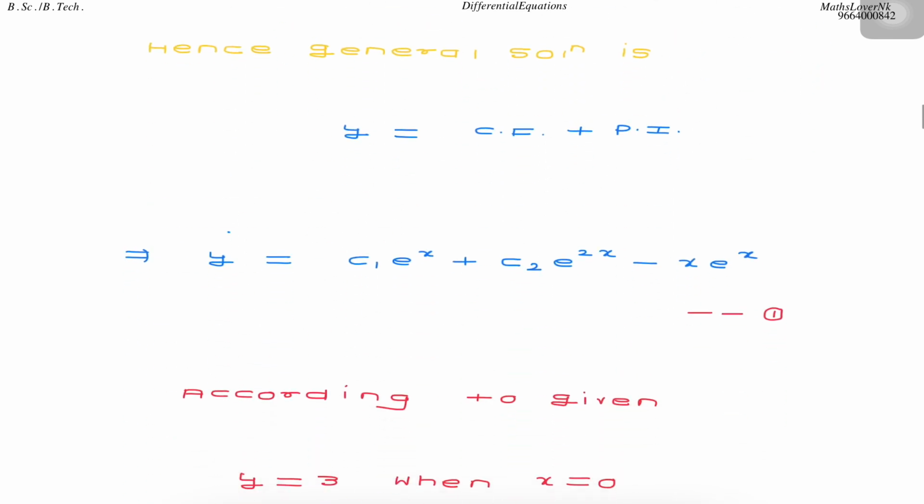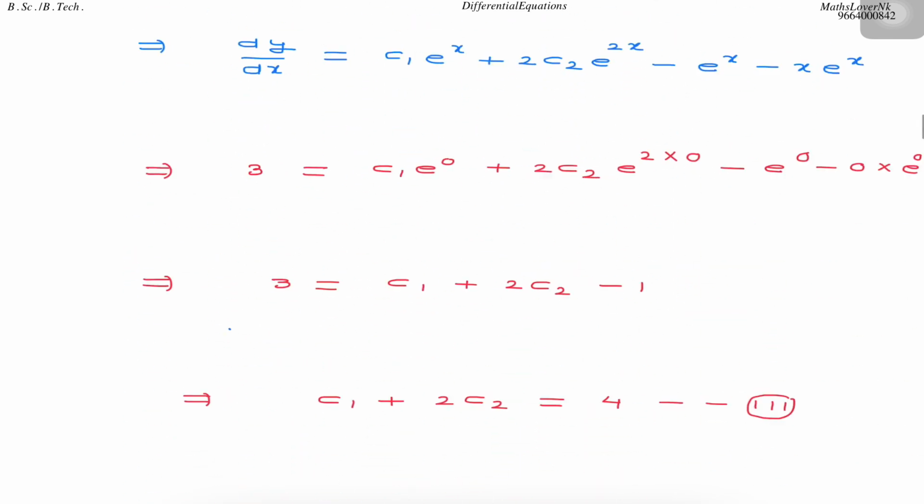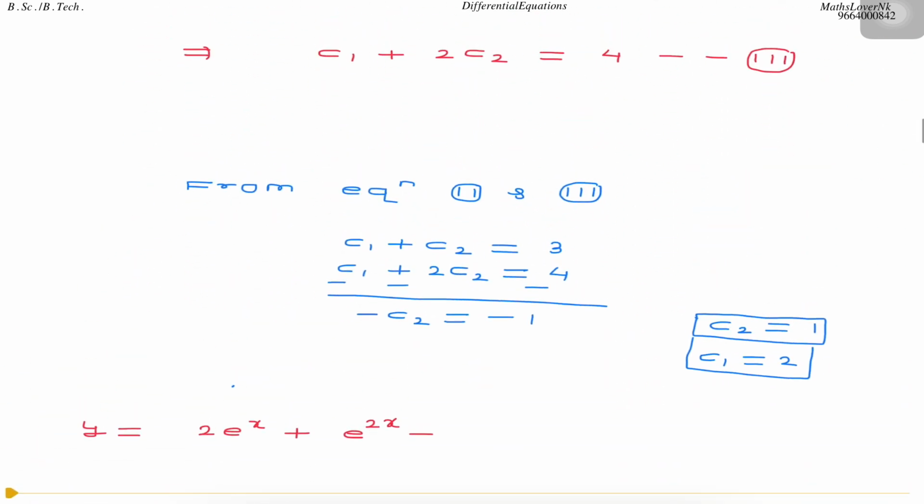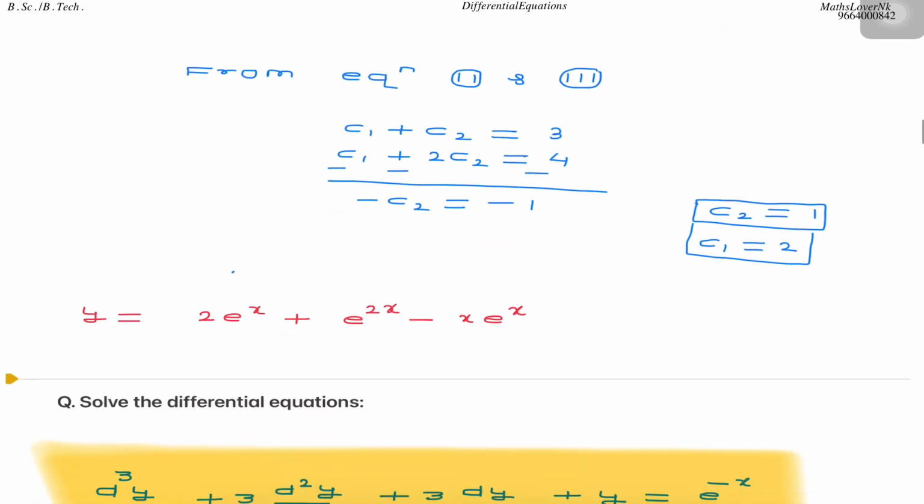So y is equal to 2 e the power x plus e the power 2x minus x into e the power x. It is our final solution.